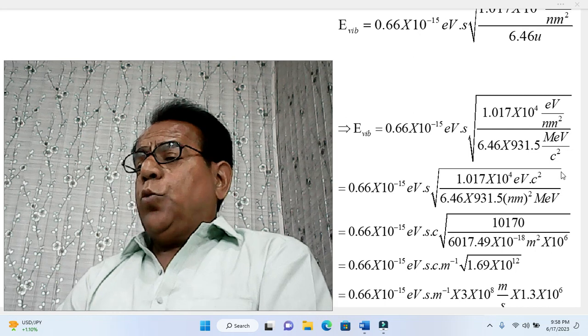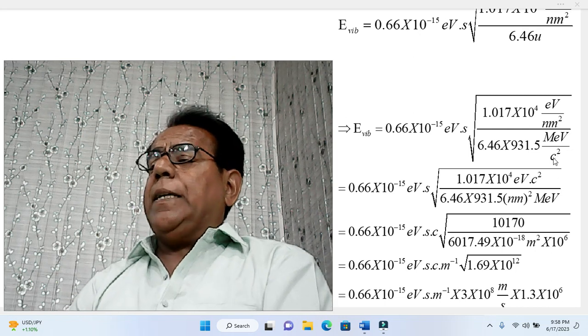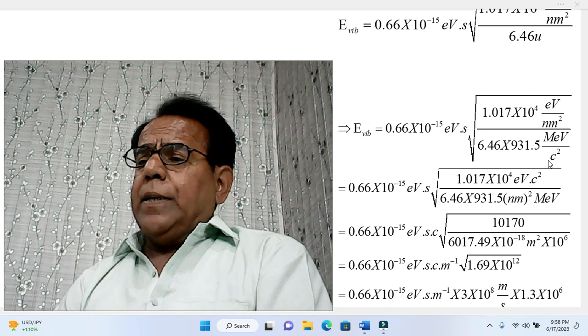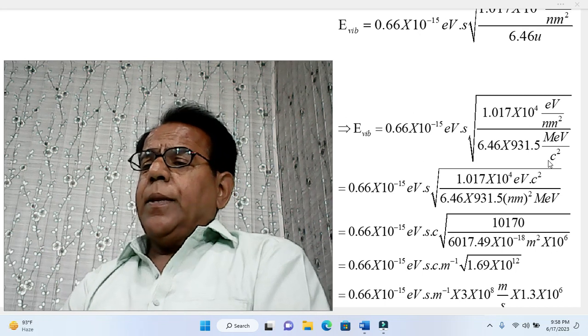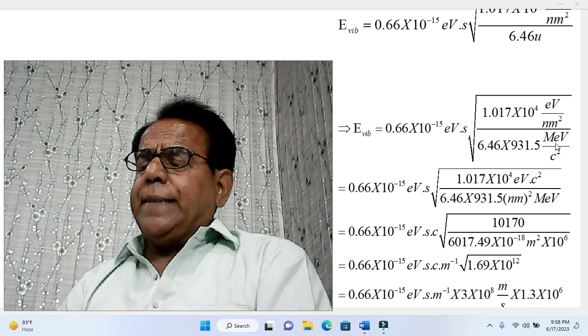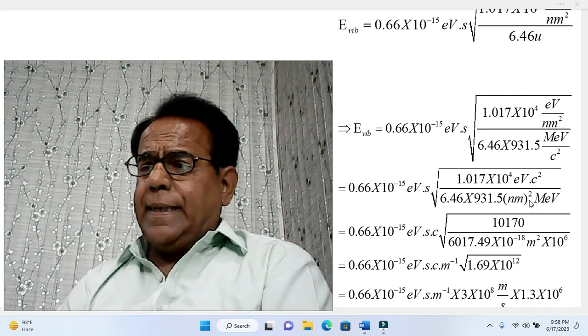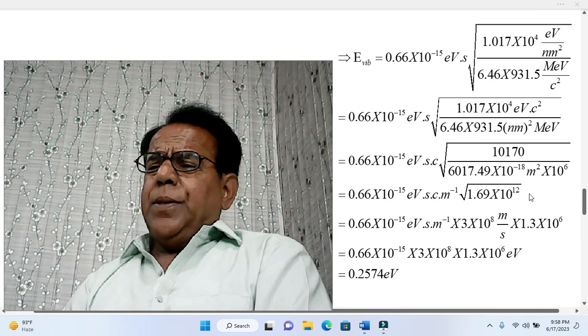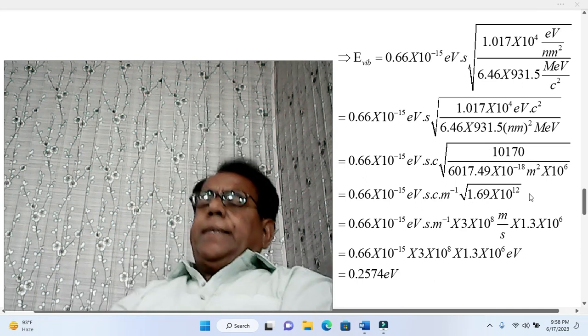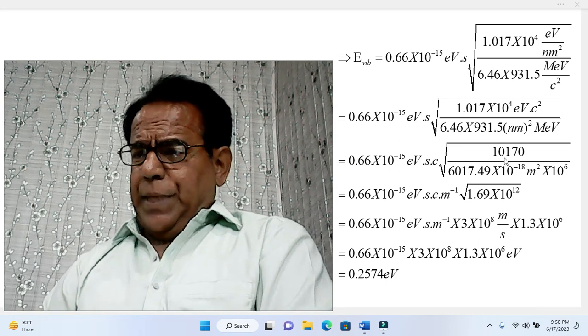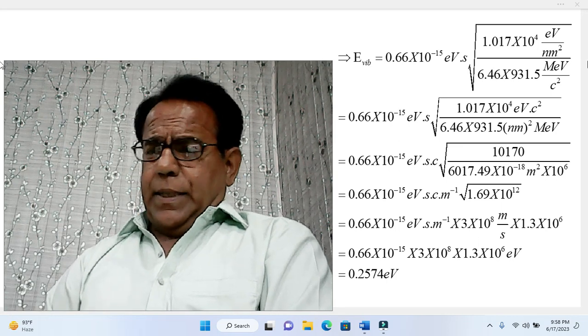So in place of c square we will get 9 into 10 to power 16 meter square per second square, and this may be cancelled with some other.